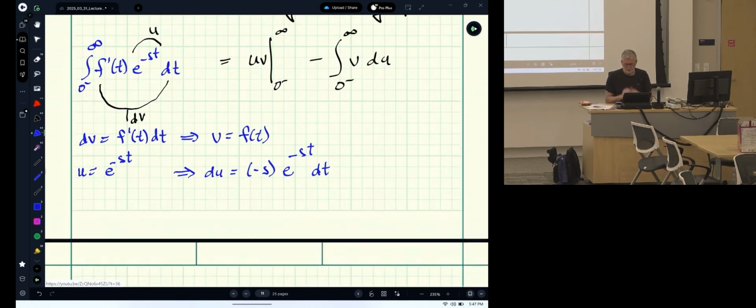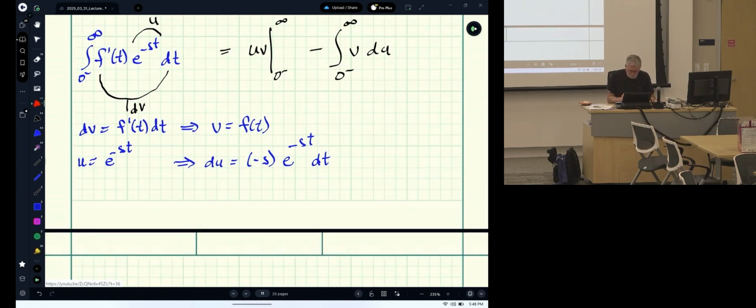okay, so all we do is just plug those in, and then we've got a gnarly limit that I'll wave my hands about because it's done carefully in the book.